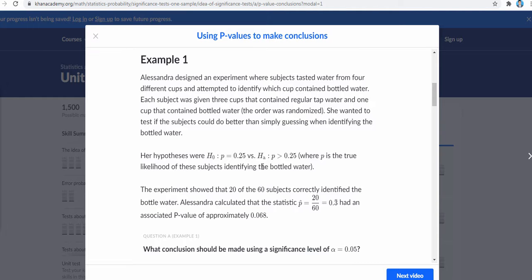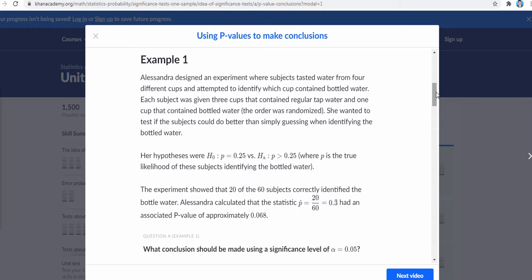The experiment showed that 20 of the 60 subjects correctly identified the bottled water. Alessandra calculated the sample probability, which is equal to 0.3, and it had an associated p-value of approximately 0.068. So she got the p-value to be 0.068, which is around 6.8%.